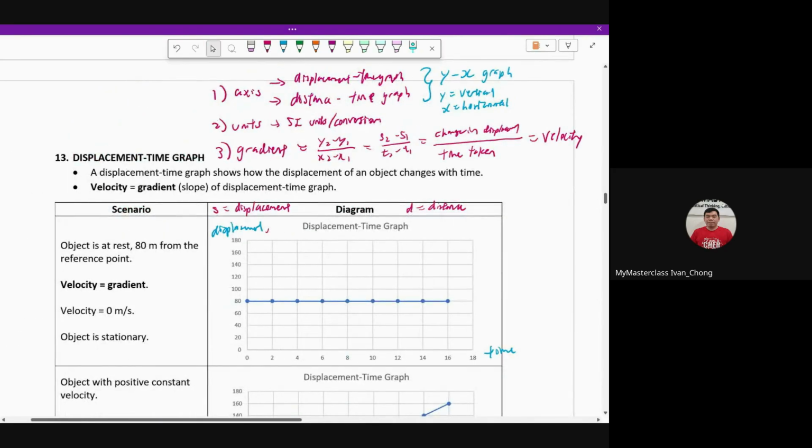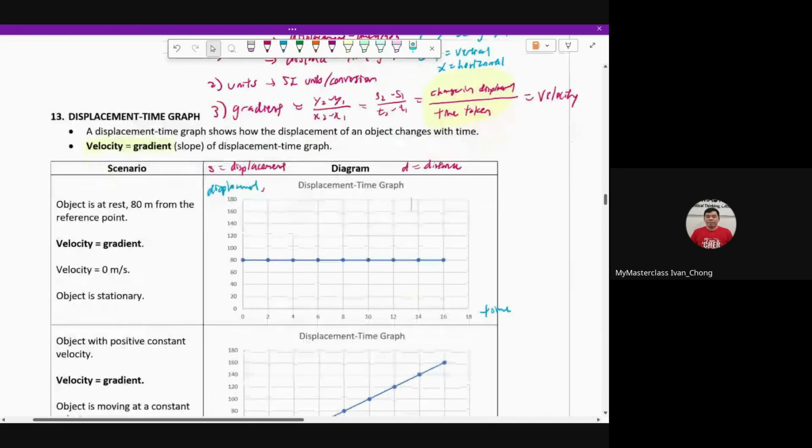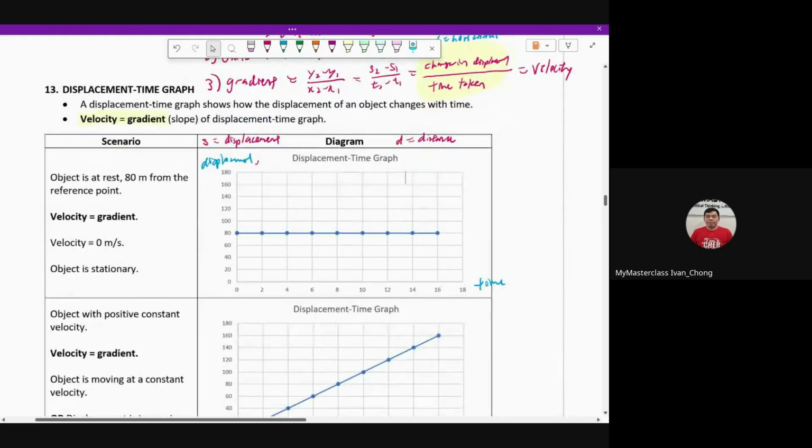For those who are still new to this chapter, velocity is your rate of change of displacement, the change of displacement per unit time, which is what you see here. So gradient is your velocity. Your gradient is the slope of your line. Whenever we want to describe any graph, we always make use of the gradient.